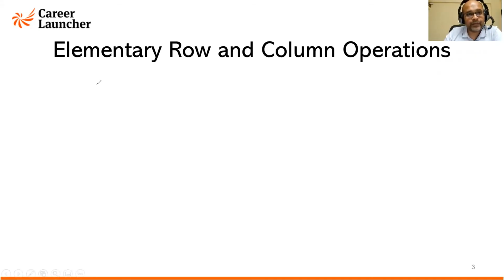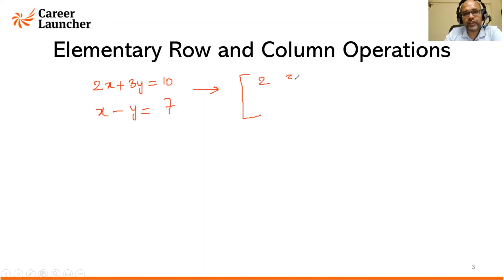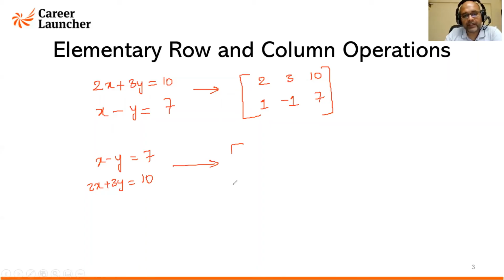If I give you 2x plus 3y equal to 10 and x minus y equal to 7. If you convert this into a matrix, it becomes 2, 3, 10, 1, minus 1 and 7. Now, whether you write this as x minus y equal to 7 or 2x plus 3y equal to 10 first, the answer will not change for you, but the matrix becomes 1, minus 1, 7, 2, 3, 10.